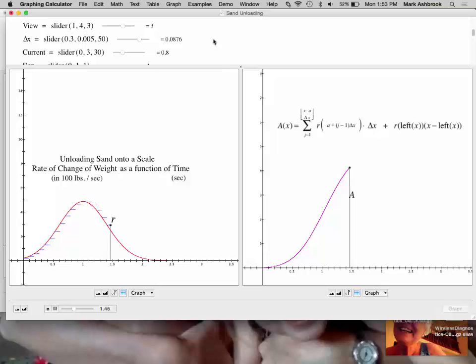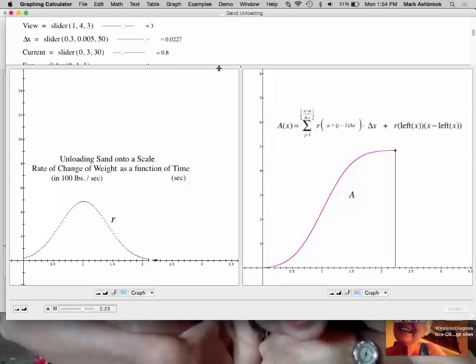And then what happens to our approximate accumulation function? It's getting to be more exact to this accumulation function that we can only imagine so far, right? We only can imagine that there was some real accumulation function for the rate function. And as we take more and more smaller moments, our approximate accumulation function is better and better.